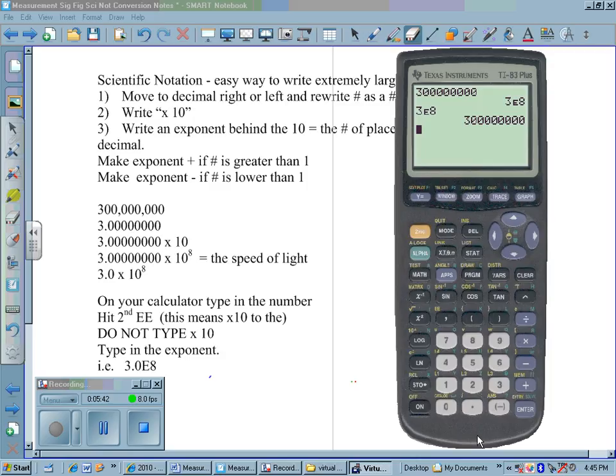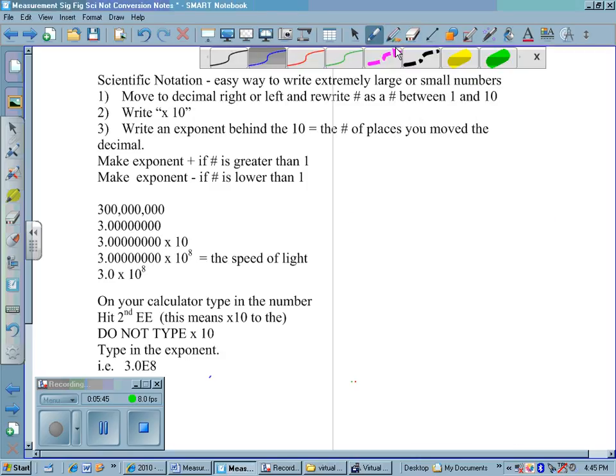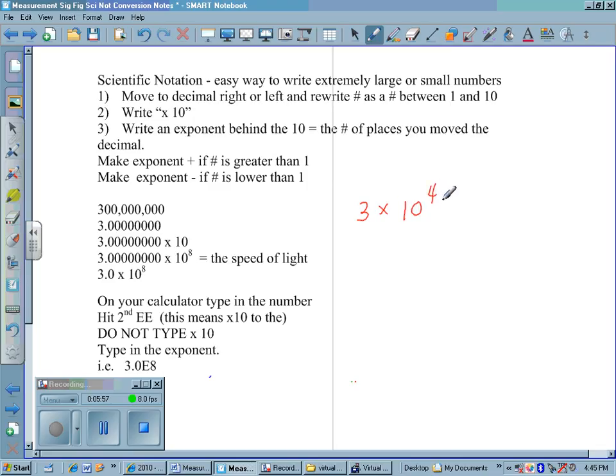Now, how to do that is actually pretty easy, so we can also do that by hand if you want. So if we start with 3 times 10 to the 4th, this is not a number that you would actually ever write in scientific notation because it's so small. But let's look at what we do. I'm going to write down the number, but I'm going to move the decimal the same number of places as the exponent.